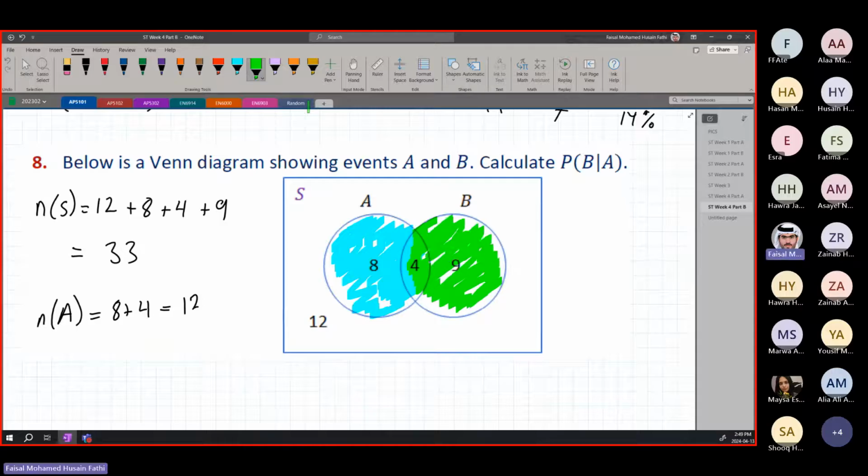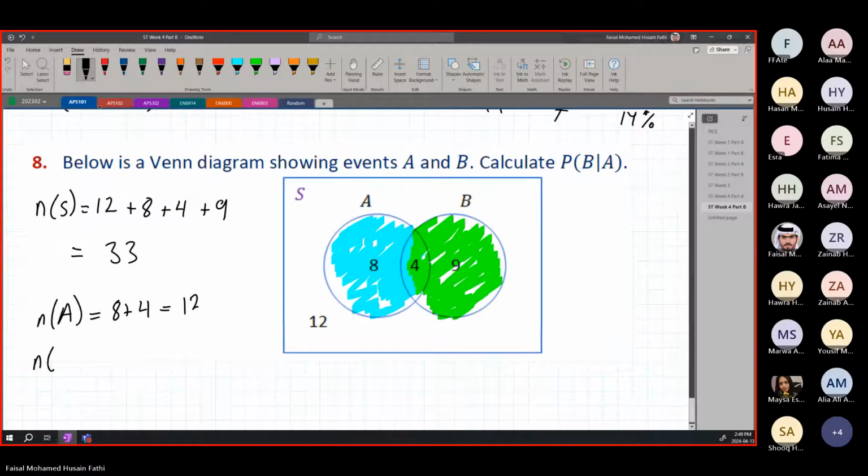All of this is B. So n of B is equal to 9 plus 4, which is equal to 13.